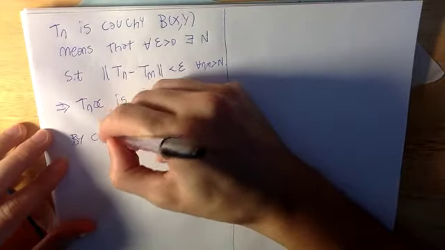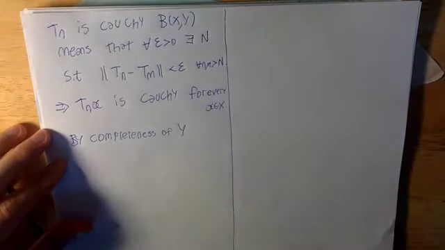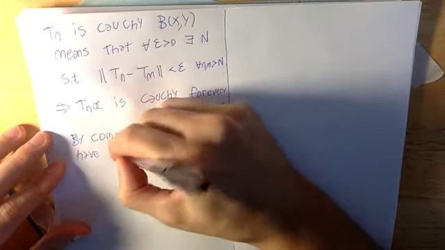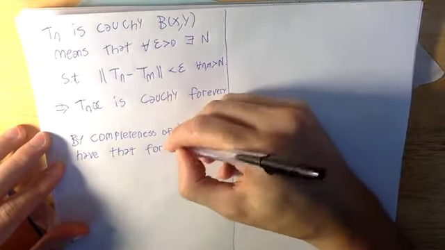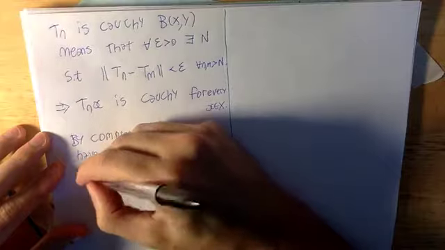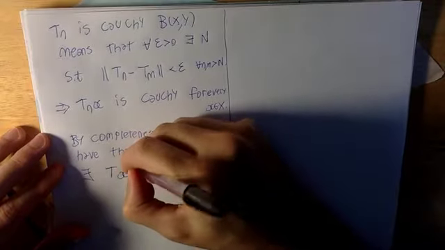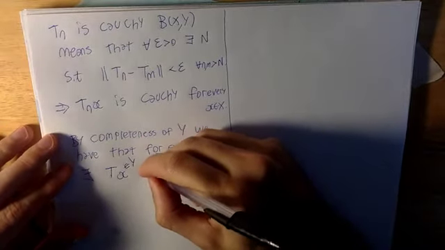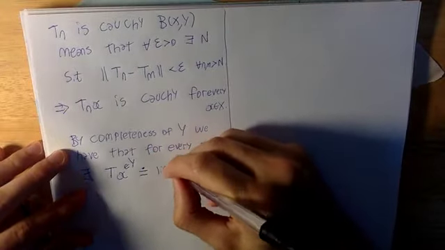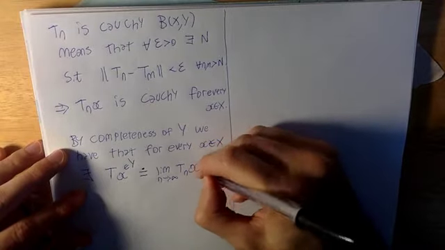Okay, so this Tn of x is also a Cauchy sequence. Then, by completeness of Y, we have that for every x in X, there exists T of x, which is a member of Y, which is equal, and this is by definition now, the limit when n goes to infinity of Tn of x.